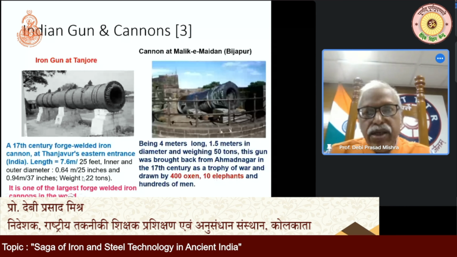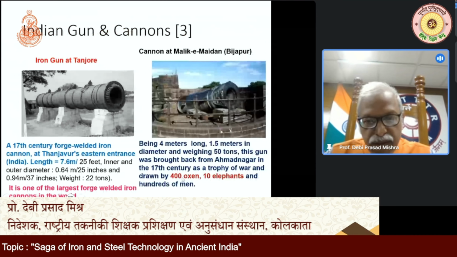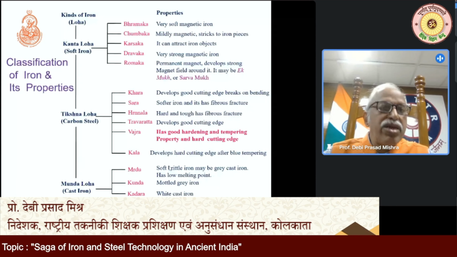Similarly, the cannon Malik-e-Maidan in Bijapur, which people think was moved by 400 oxen, 10 elephants, and hundreds of men to shift this kind of cannon. I don't know how.